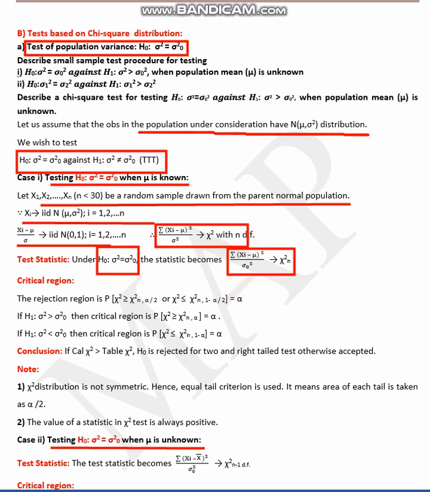First we need to calculate this value, and then compare it with chi-square with n degrees of freedom. This is my table value and this is my calculated value.